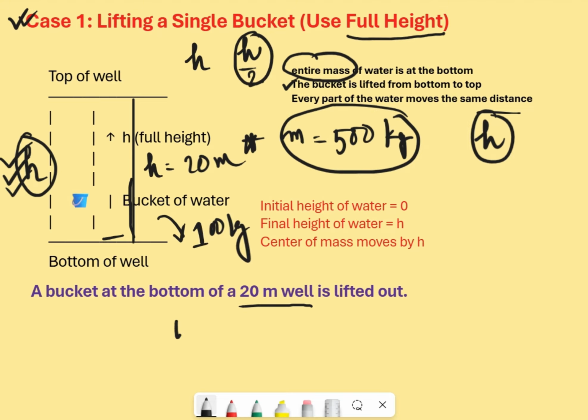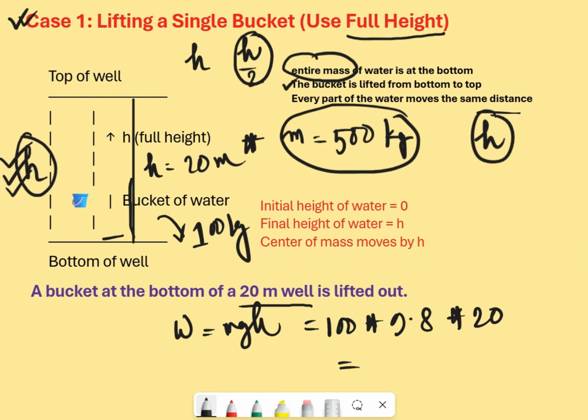Indeed, the work done, W is equal to mgh. So the value of M is 100, g is nothing but 9.8, and of course since M is given, this will be the full length, which is 20 meter. So this is the answer. So it will be 19600 joule.